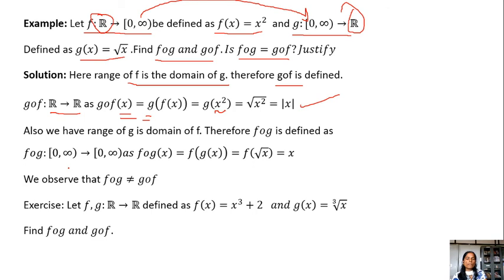Now another composition map. Range of g is contained in domain of f, and therefore f composite g is defined.